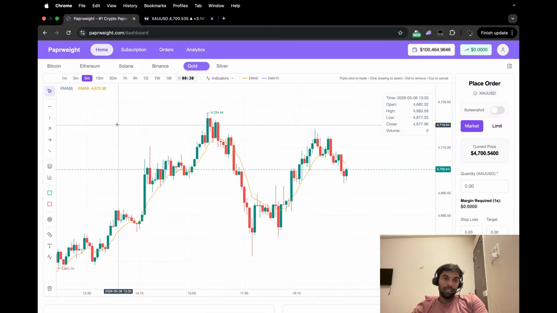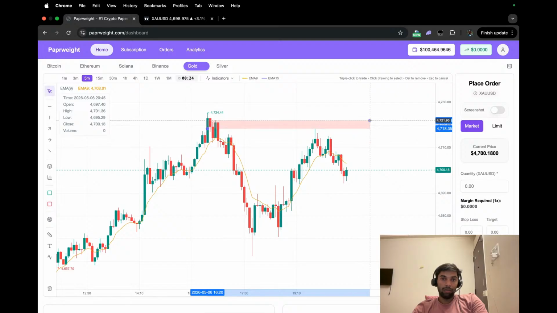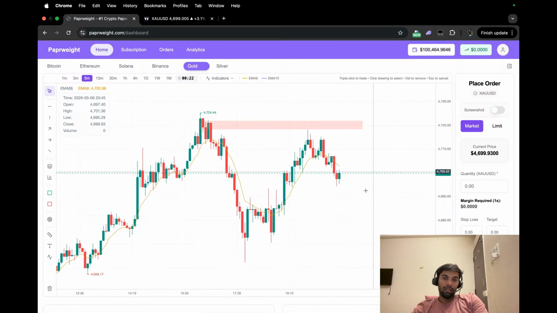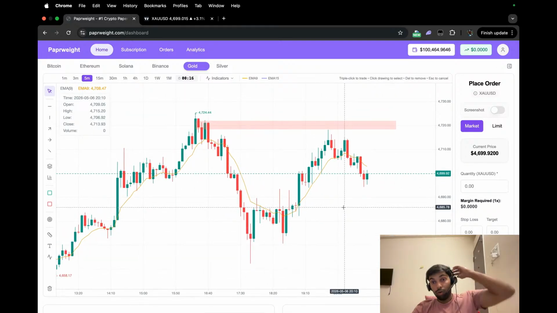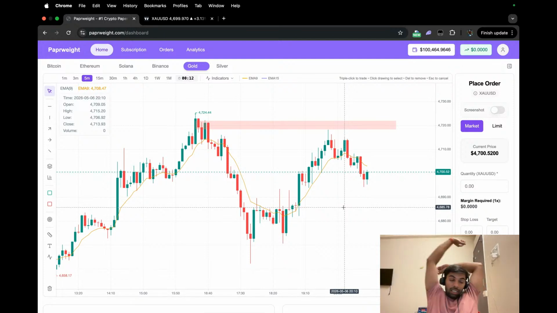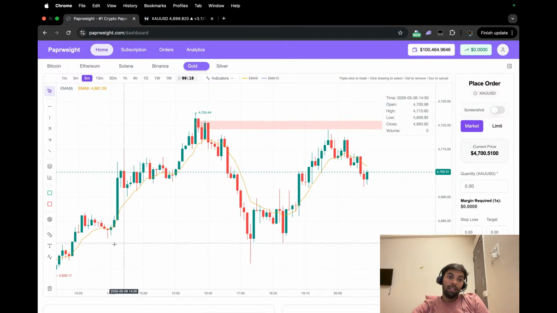So what I can see from price action here is it can make a double top and can touch this again, but as of now there is no zone that we can trade, because there's nothing.